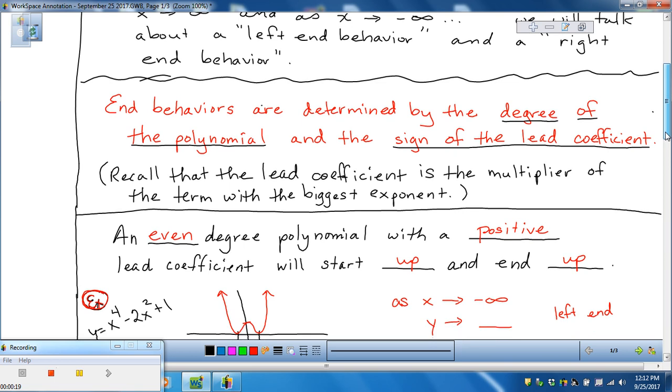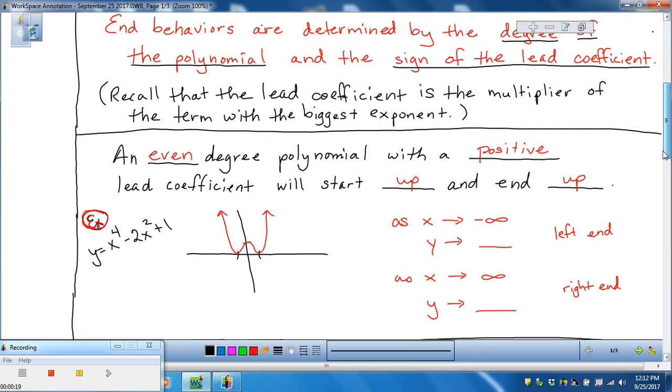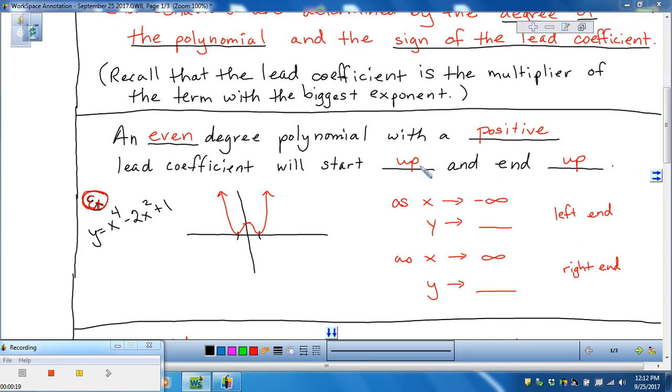An even degree polynomial with a positive lead coefficient will start up and end up. And so from the graph, here's an example. We've got y equals x to the fourth, take away 2x squared plus 1.